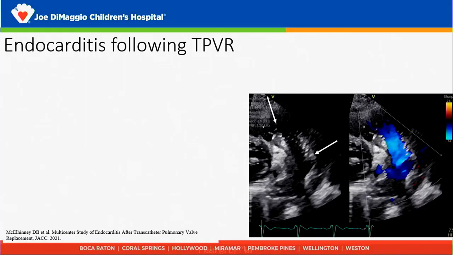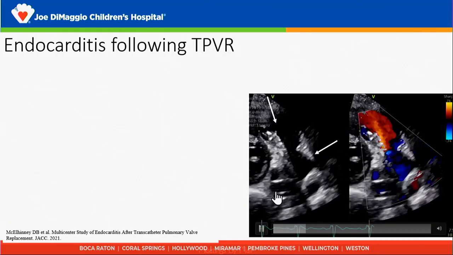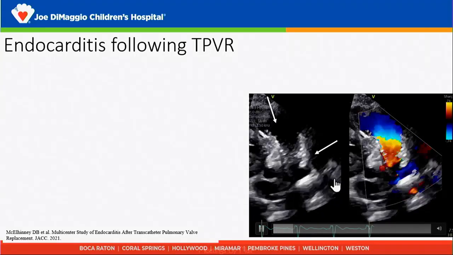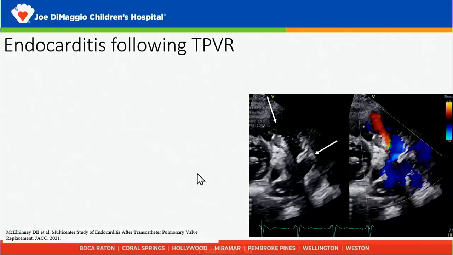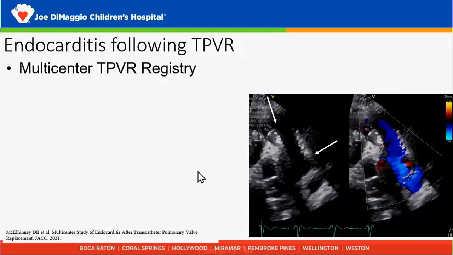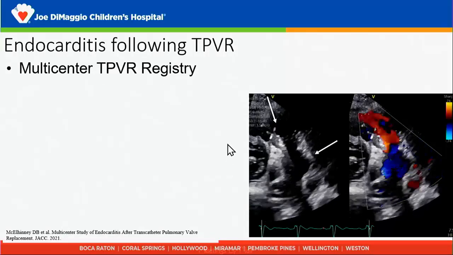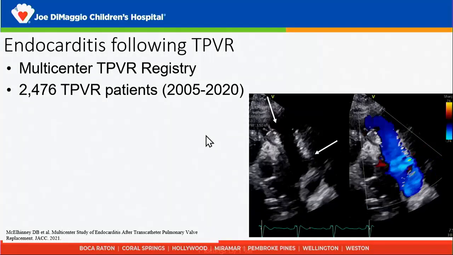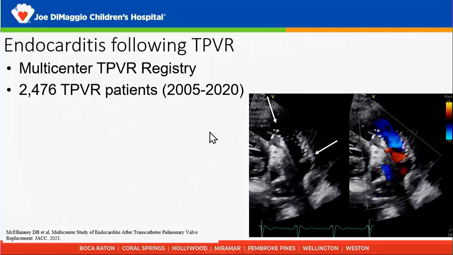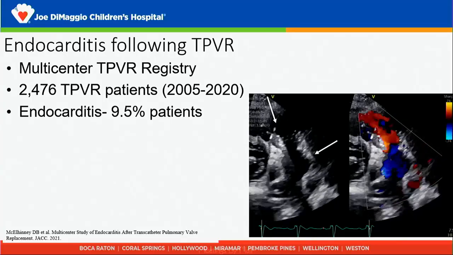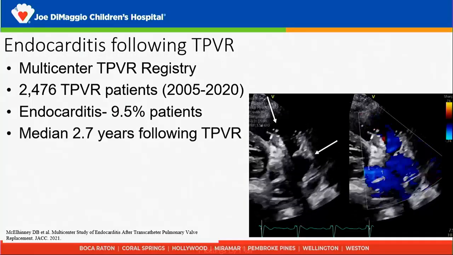Now, one complication that can result from percutaneous valve placement is endocarditis, and I show an example here of an infected Melody valve, and you can see two vegetations, what those arrows are pointing to there. So another study by McElhenney, which you can look up, reviewed a lot of transcatheter pulmonary valve replacement patients, and about 10% developed endocarditis, and reasons behind this are still being investigated.